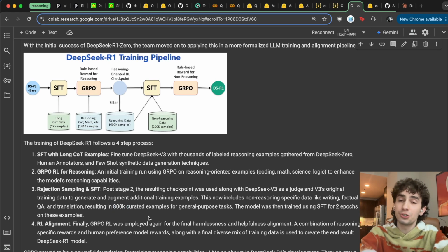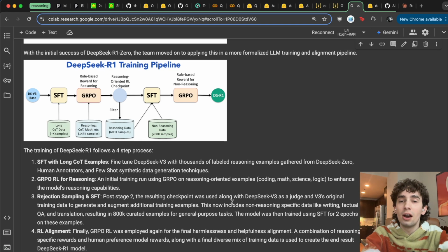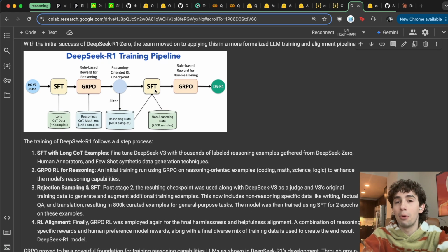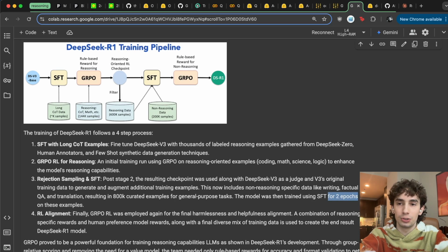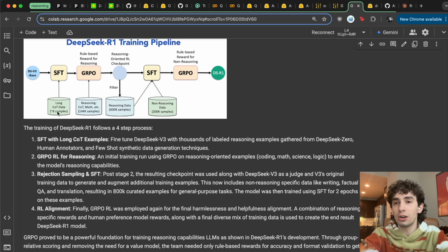These roughly 800,000 curated examples are then used to perform more supervised fine-tuning on the existing checkpoint. They claim in their paper that they did this for 2 epochs, or a total of 1.6 million training examples of fine-tuning. The hope of this is to take the already preconditioned and trained for logical and straightforward reasoning model and generalize its reasoning capabilities towards non-verifiable or more fuzzy examples.